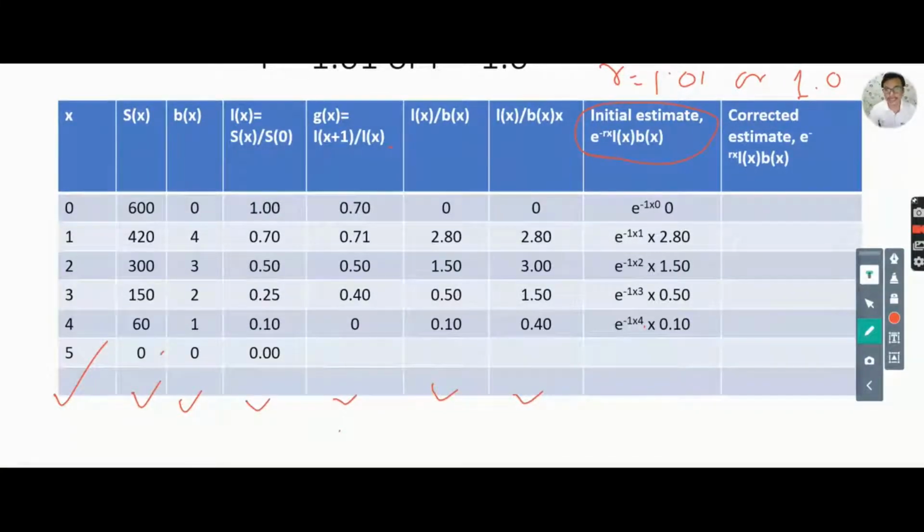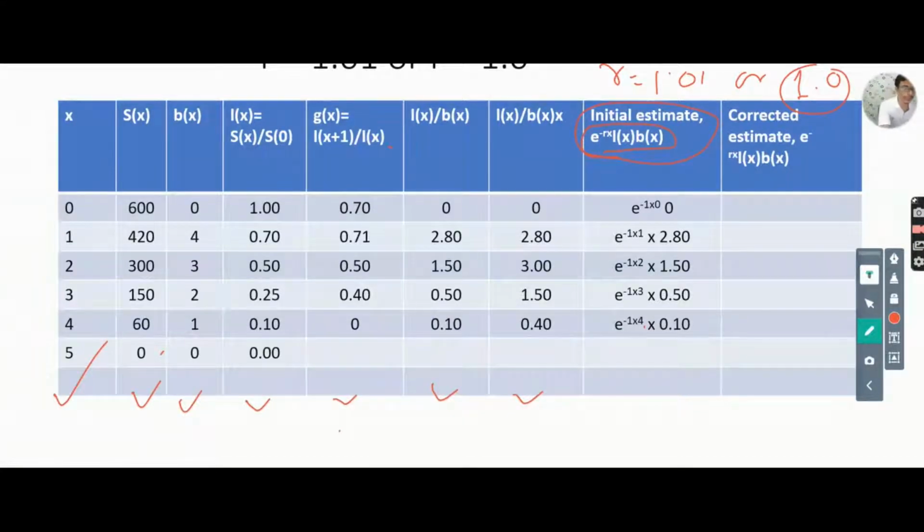What is that? This is e to the power minus rx lx bx. See, this is this particular expression, and if you remember, this is an expression we got from Euler equation, right? e to the power minus rx, exponential actually, rx lx bx. So here r we have considered 1.0.